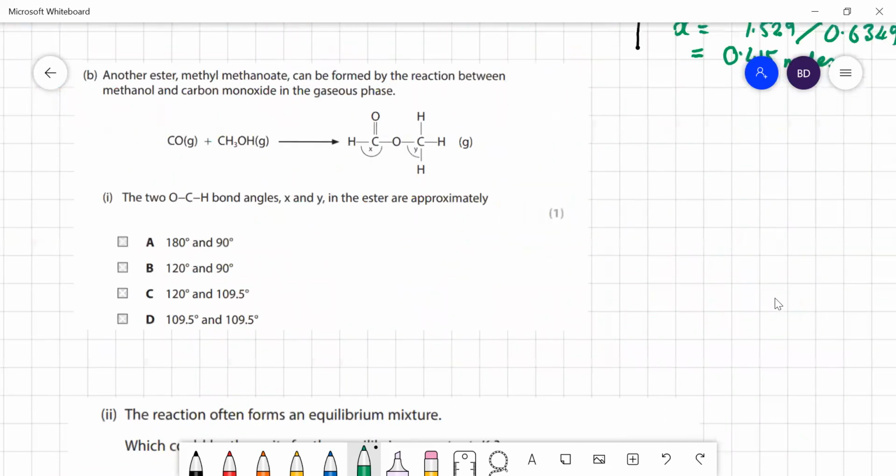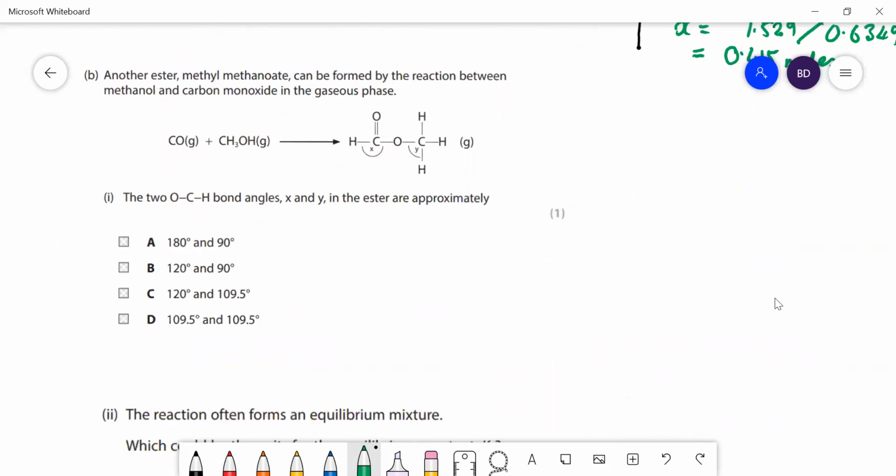B, okay. Another ester can be formed by the gaseous phase reaction, and it wants the two bond angles X and Y. Okay, so let's do Y. Well, Y is, you've got 4 bonding pairs around that carbon. No lone pairs, so it's going to be tetrahedral, so it's going to be 109.5 for that one.